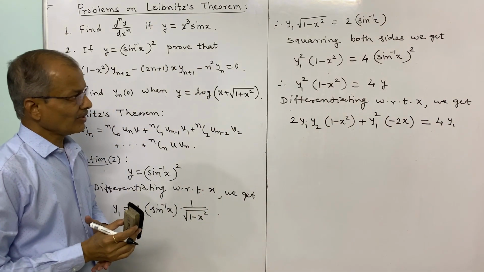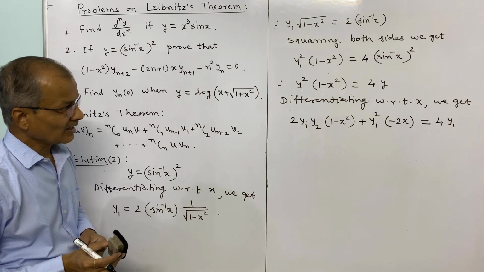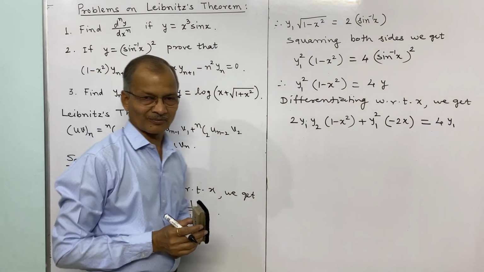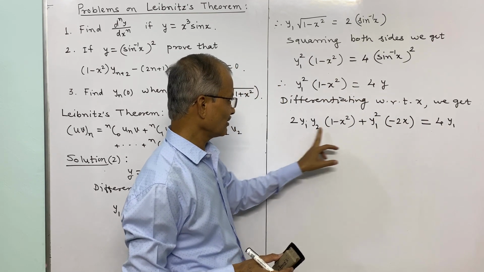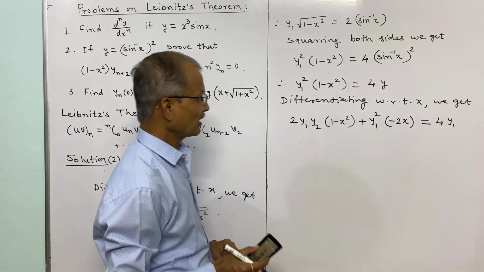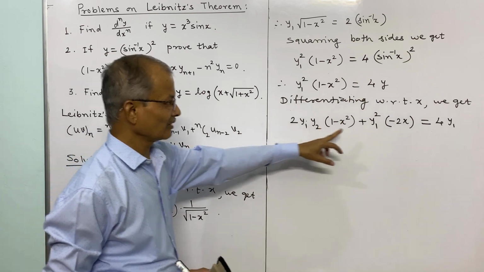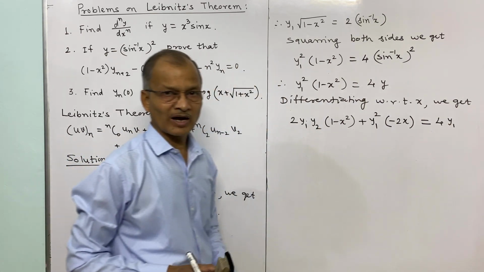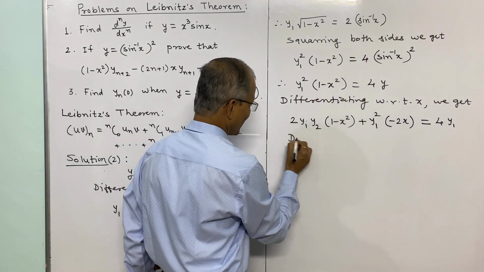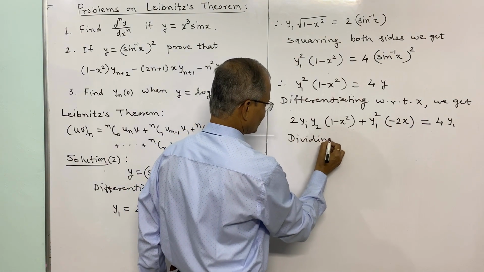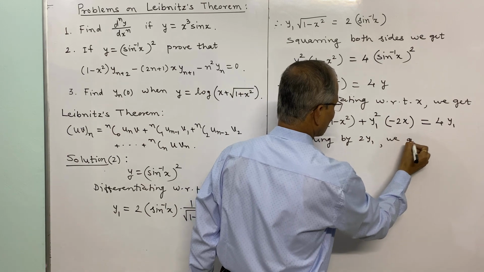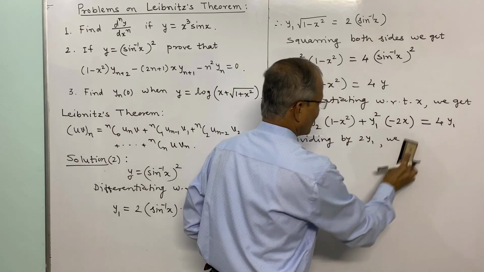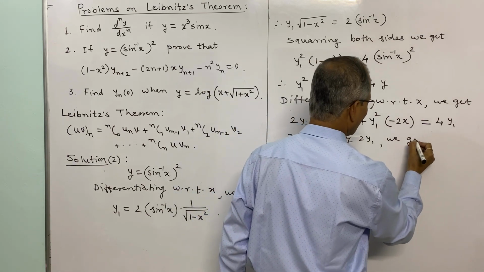Now we may observe this relation, and in this relation we can observe that y1 is common on the left side, and 2 is also common in each term. So we divide by 2y1. So what will be each term now?